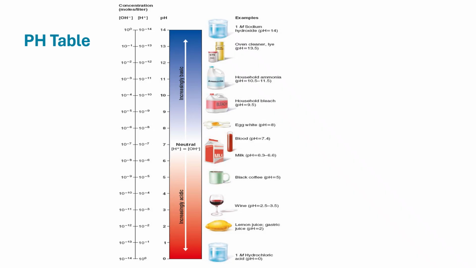Likewise, as we go lower on the pH scale, it becomes more acidic. Black coffee is around a 5, wine is around 2.5 to 3.5, lemon juice has a pH of 2, and hydrochloric acid is way down here at 0. The lower we move on the pH scale, the more acidic it is.